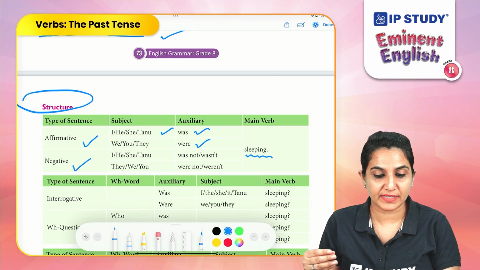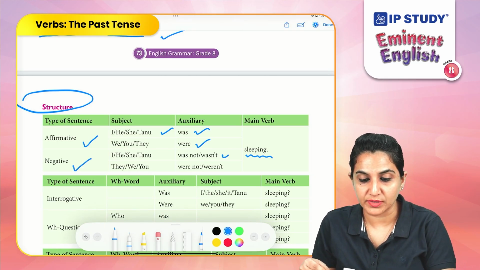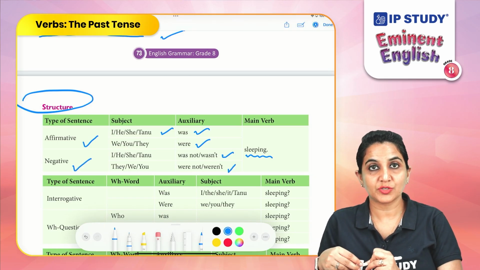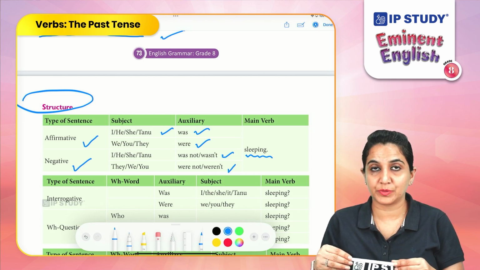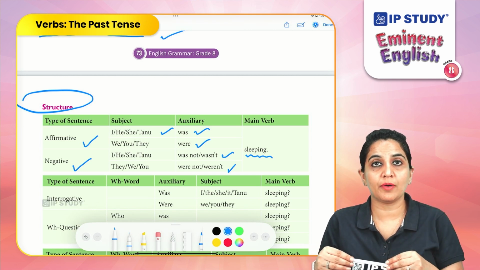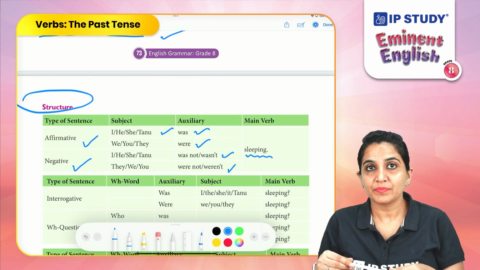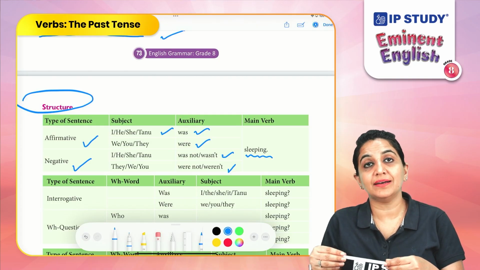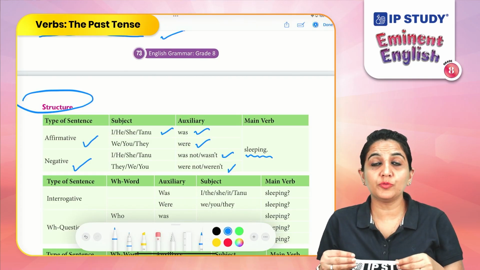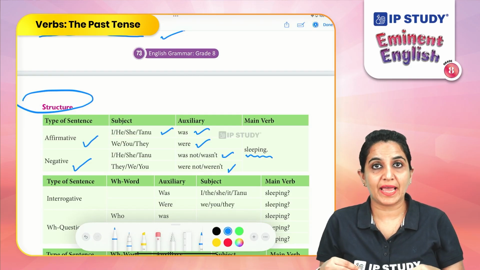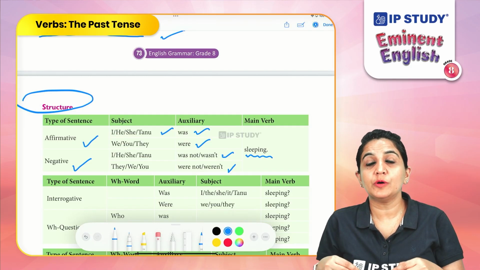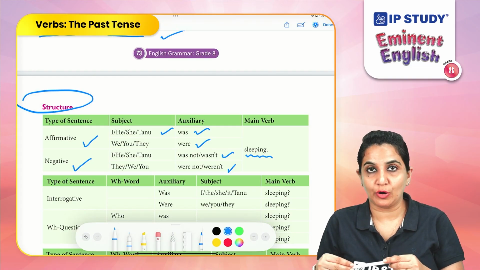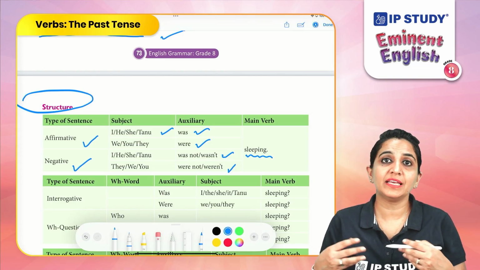Similarly, with negative sentences, we use wasn't and weren't. So, with the first person or second person singular subject, we use was and the main verb remains in the ing form. With the plural form of the subjects, we use were and the main verb remains in the ing form.